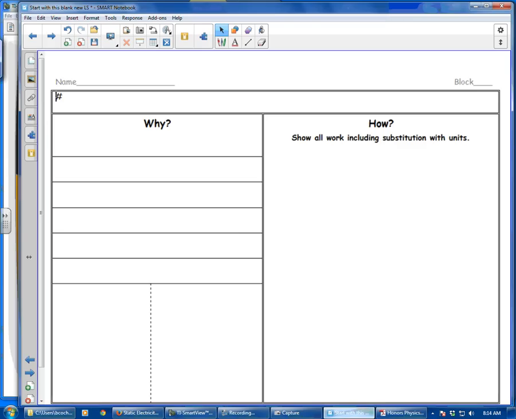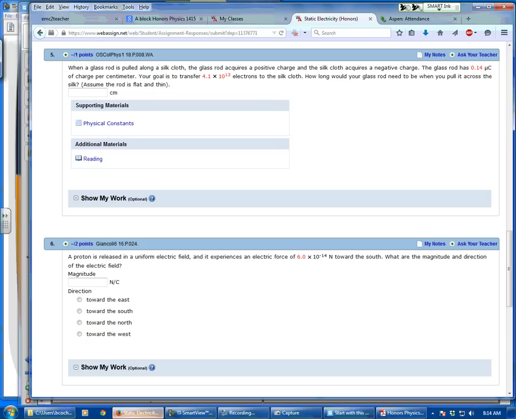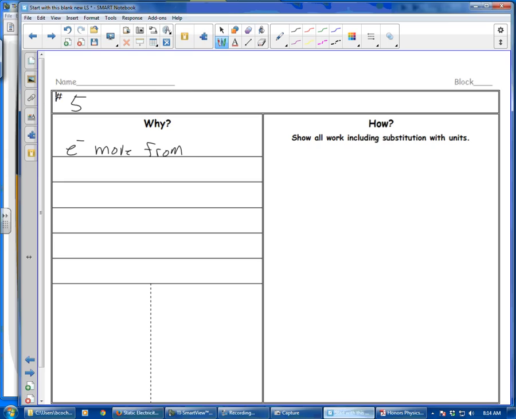So here in your Y, you should have that electrons move from the rod to the silk.